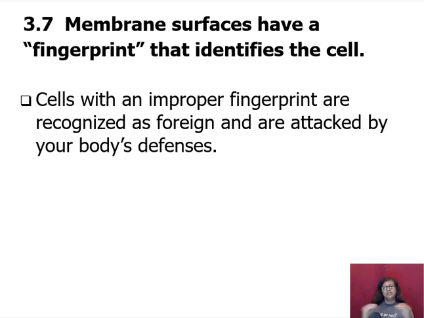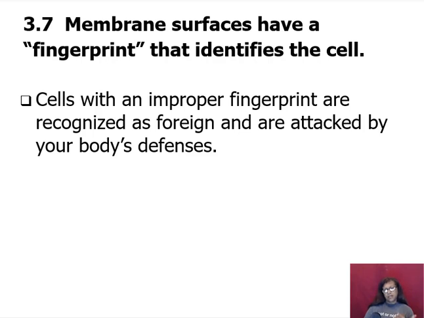Cell membrane surfaces also have a, quote, fingerprint that identifies the cell. And so cells with an improper fingerprint are recognized as foreign. Your body basically knows this molecular fingerprint of you. There is a certain molecule, and we're going to see what that is, that is on every cell that you have that identifies you as you, and that is your molecular fingerprint.